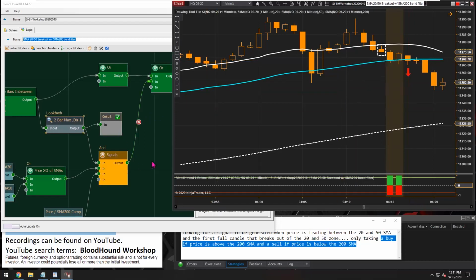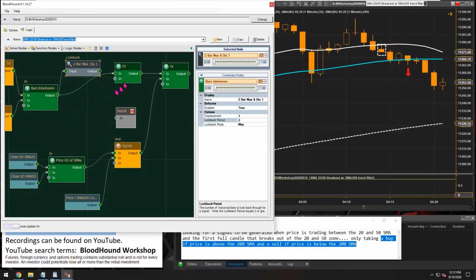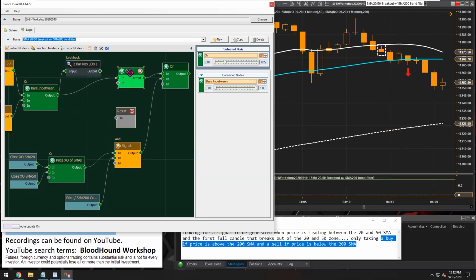So what I'm going to do instead is make this system a little more robust. Instead of using a look back node, I'm just going to leave it up there, and instead I'm going to grab a toggle node.